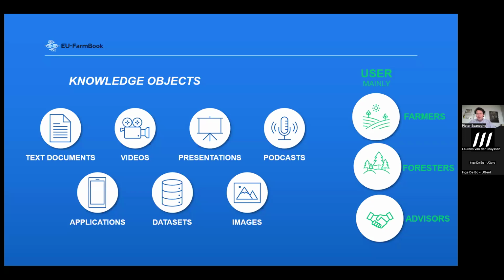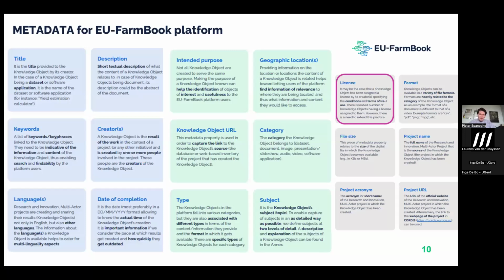And then, of course, it is not for medical doctors or IT people. Our users are farmers, foresters, and advisors. So it is a specific domain where we are looking for that information.